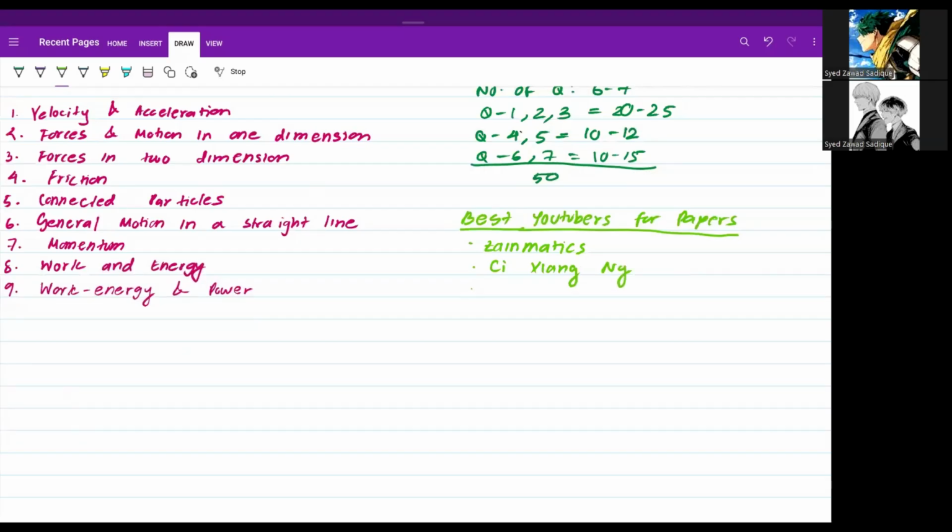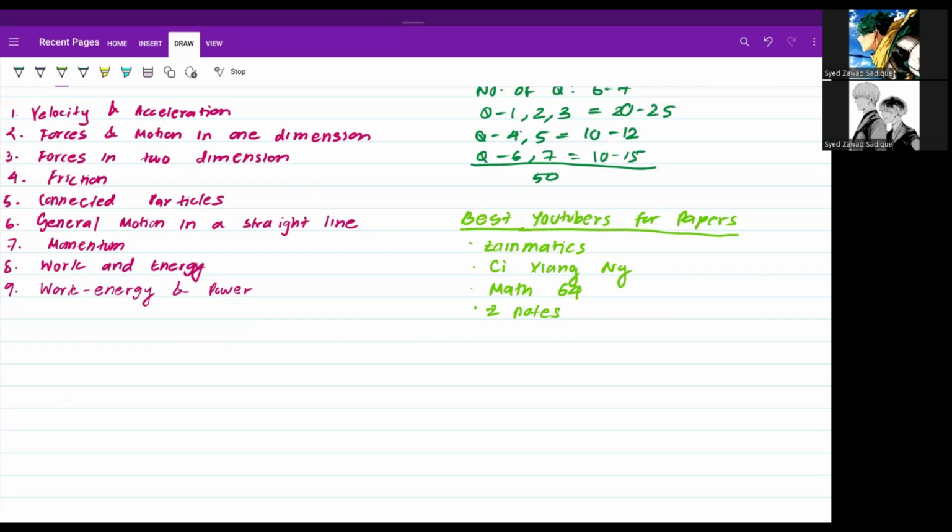You have Math 64, and you also have Xenox.